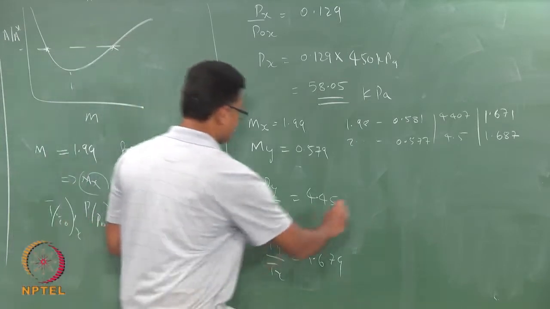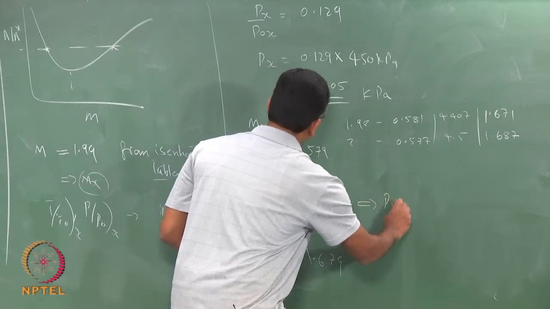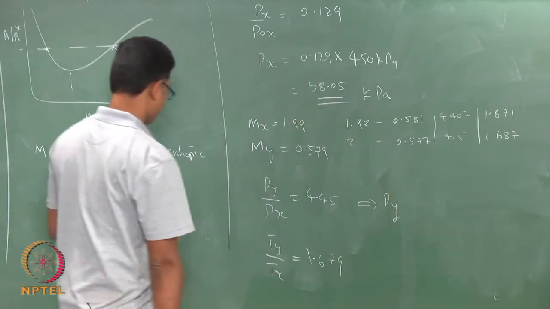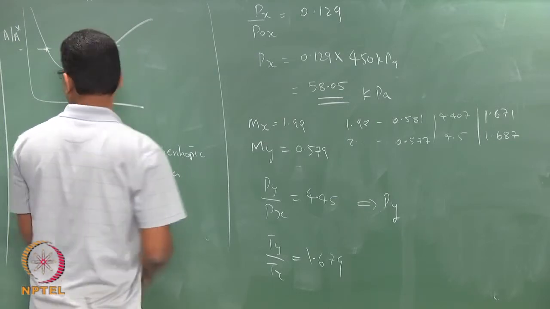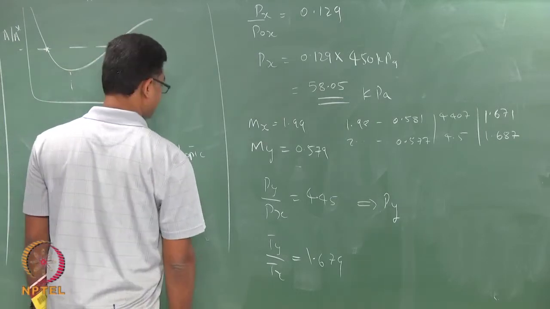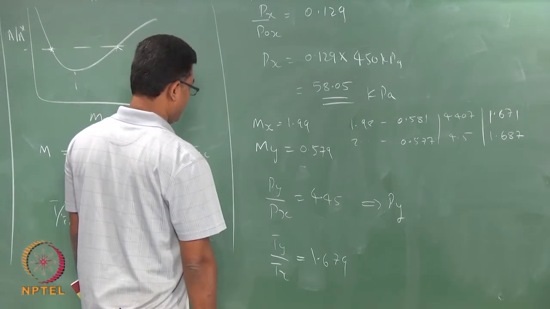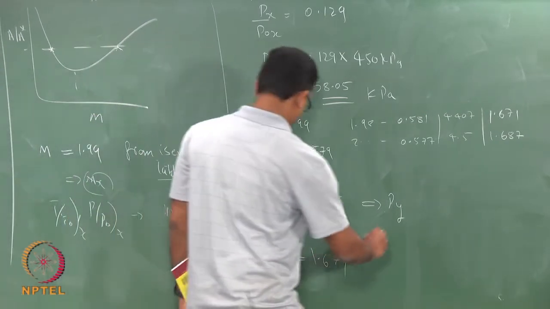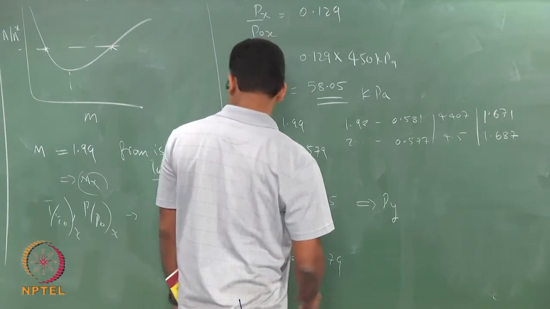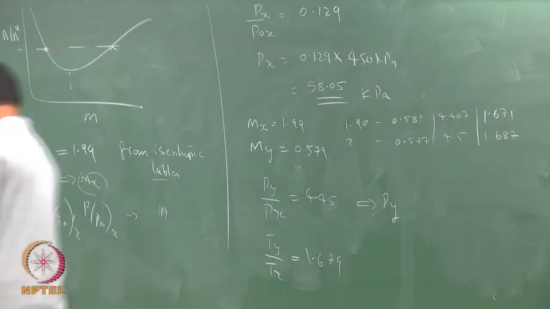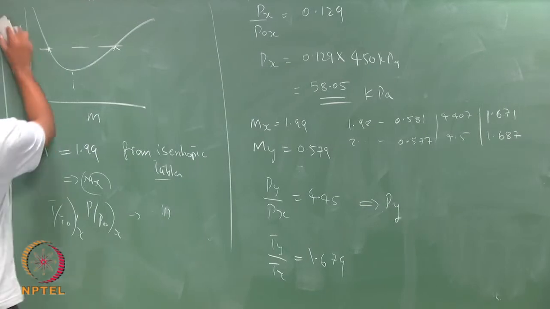So, from this I can find my Py, and then I can also find P0y.